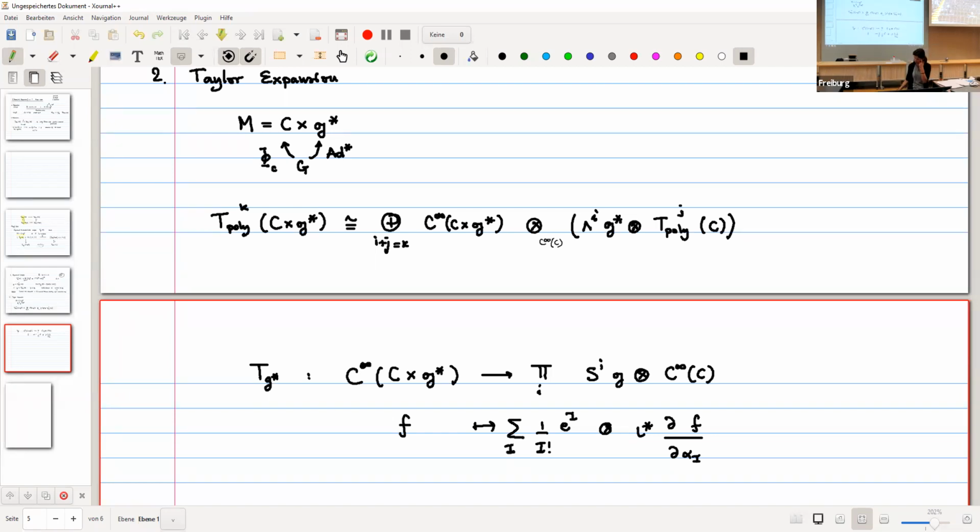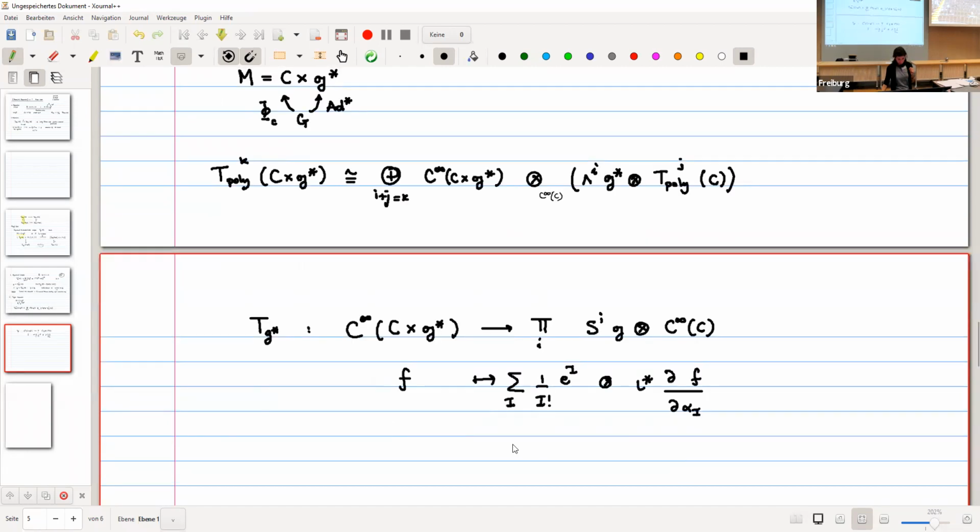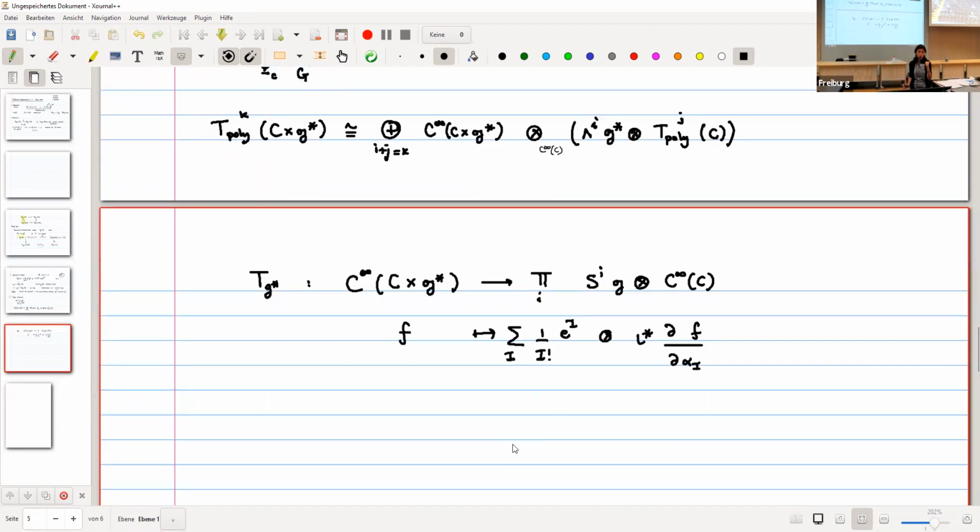What kind of properties does this map have? I can tell you, first of all, it is equivariant, which we like. It's equivariant, and then we can actually restrict to invariant ones. No problem. And after restricting, we can show it's surjective. And even more, what we like is that we can actually extend to polyvector fields.